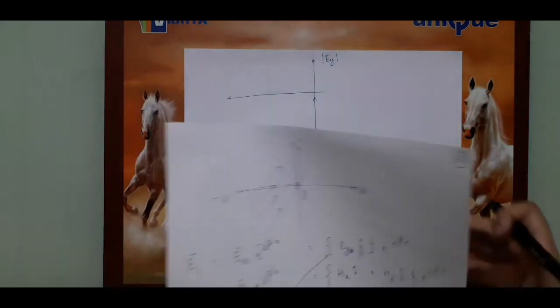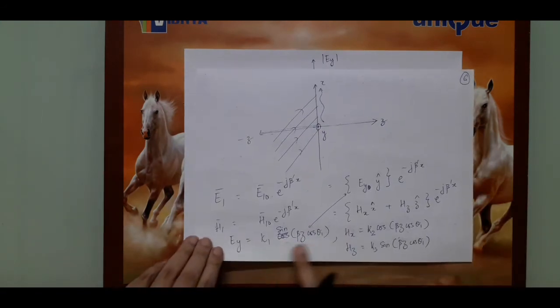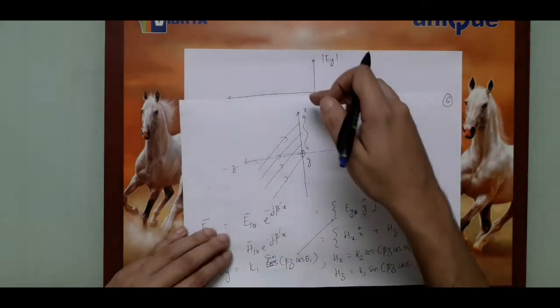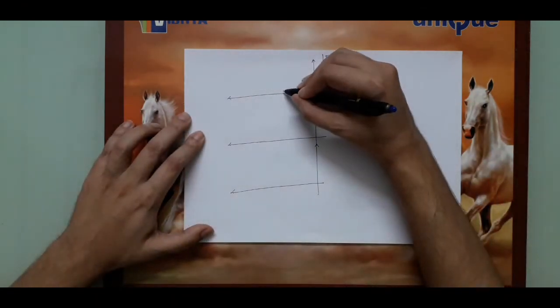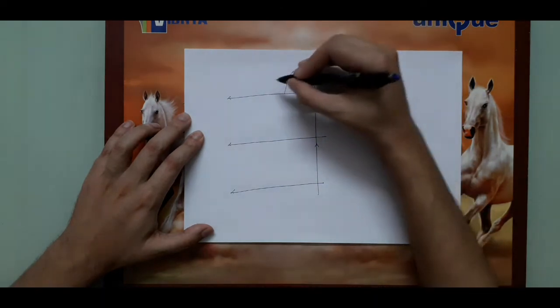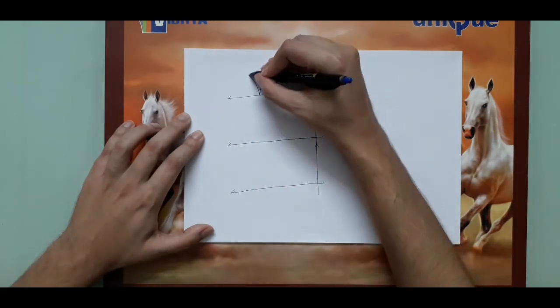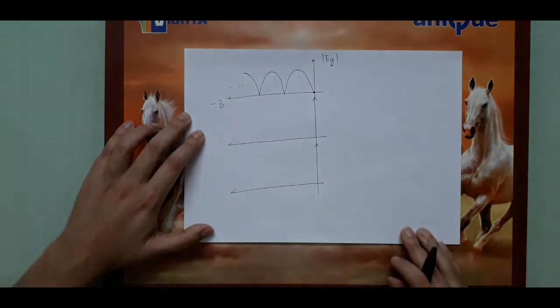Now Ey is some k1 times sine of beta z cos theta I. So if I plot the magnitude of the sine wave, it will be kind of like a full wave rectified signal. So it will be something of this kind. Like this. This is the minus z axis.